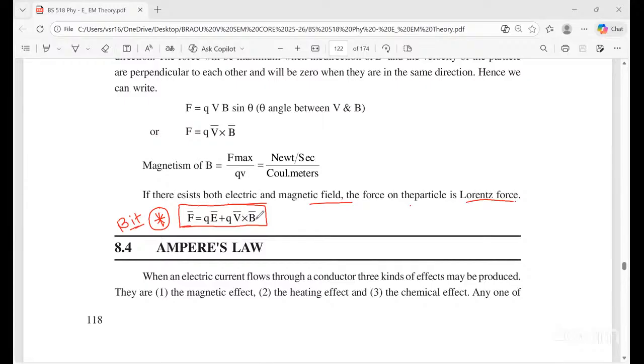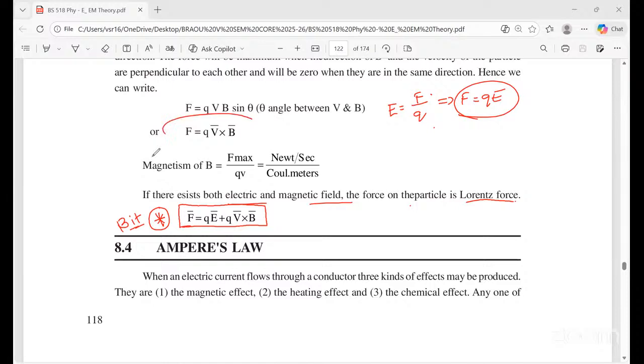F equals QE. You have seen in Gauss law that the ratio of the magnitude of the force to the charge is nothing but the intensity of the electric field. From this, F equals QE. This is one equation.